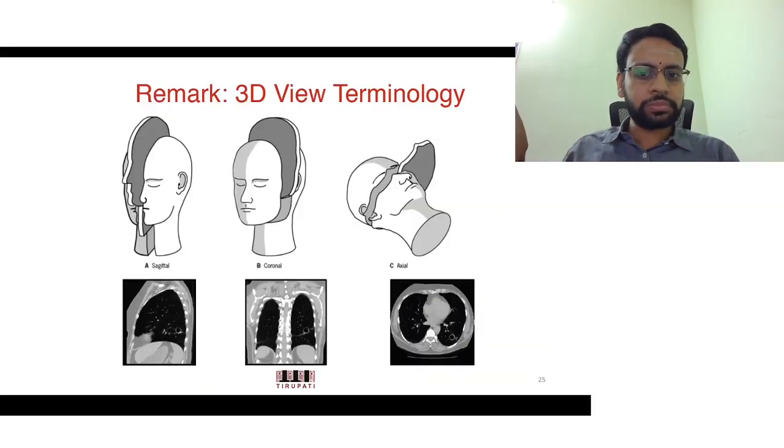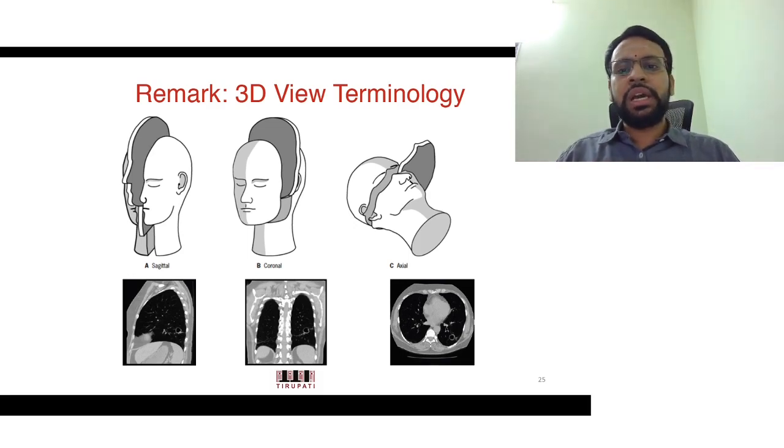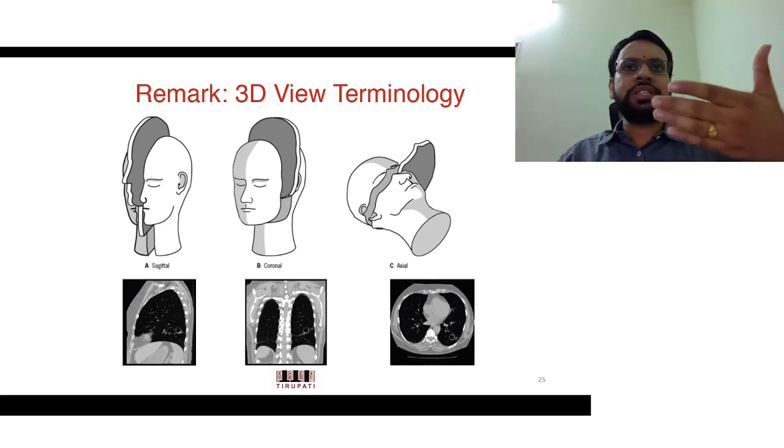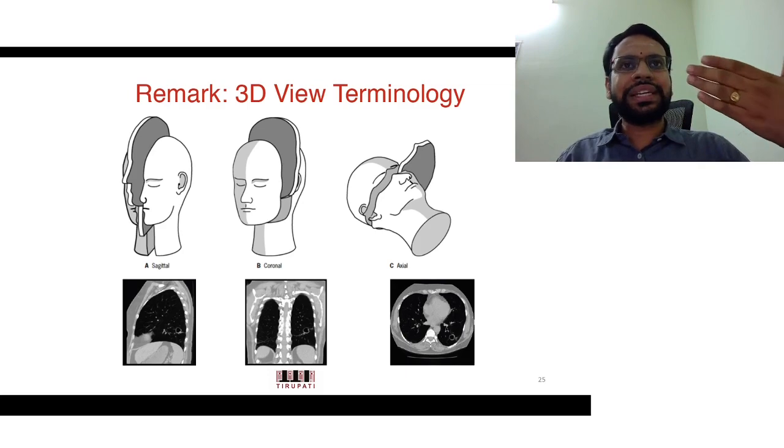With that, let's take a pause from these imaging modalities, and let me cover the terminology used while viewing 3D images in medical imaging. These are unlike the conventional images that you see. Now you need to look at a 3D image.